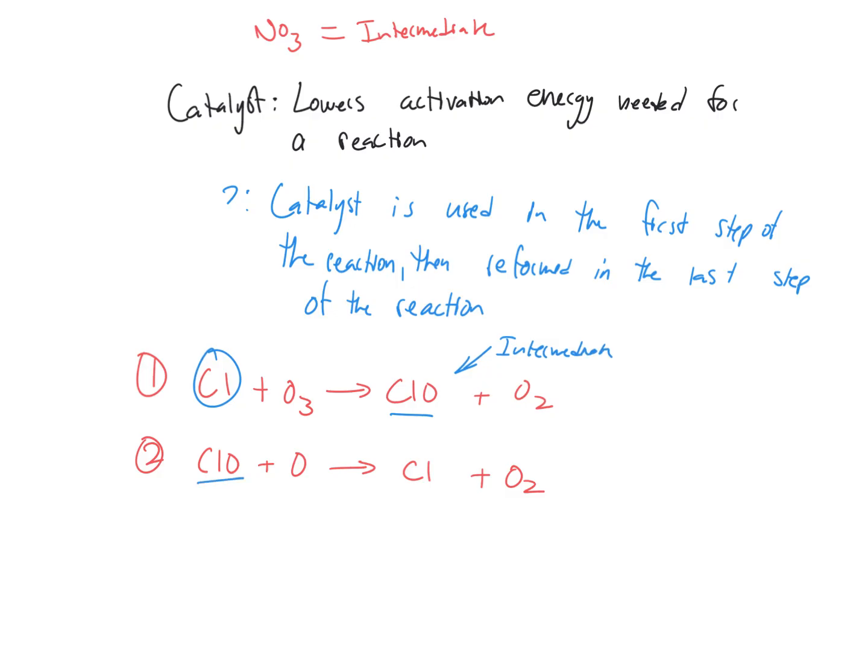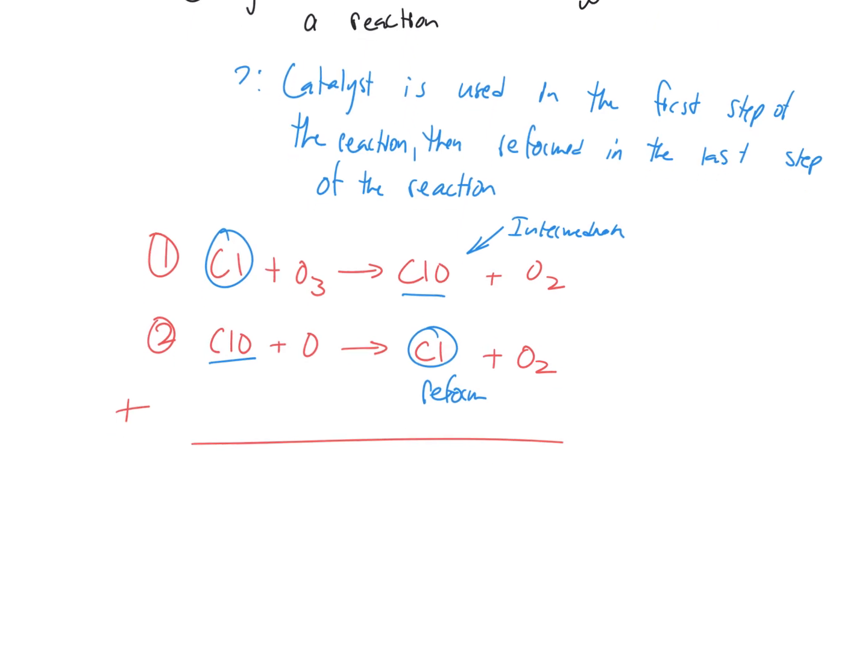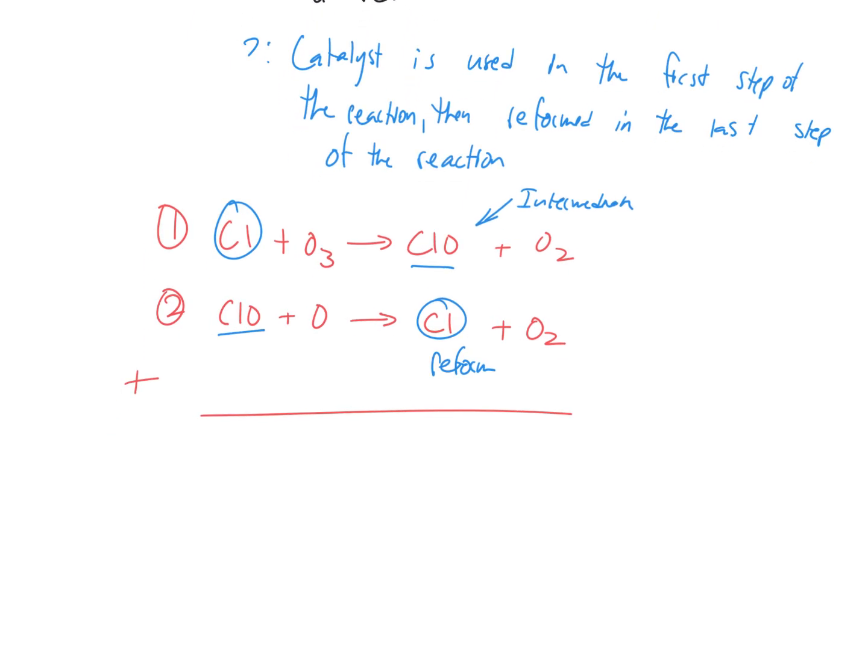That same intermediate is then immediately consumed to reform my Cl. Now, if I make my overall reactions and add these together, what we'll notice here is that the Cl's cancel out and the ClO's cancel out because they're present both at the start and the end. So my overall reaction is O3 plus O react together to make 2O2.